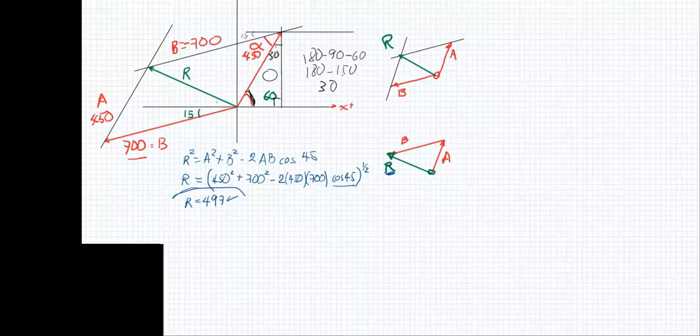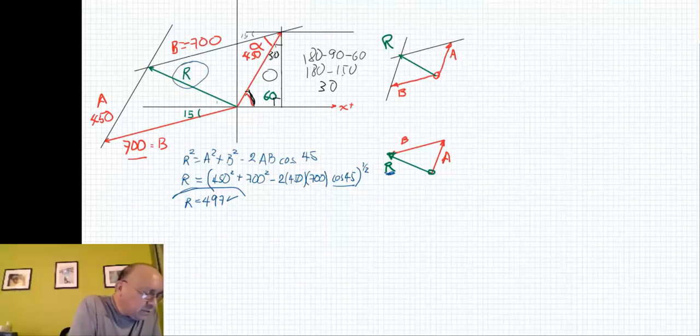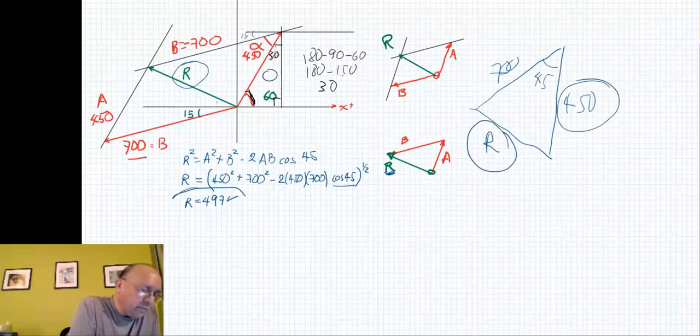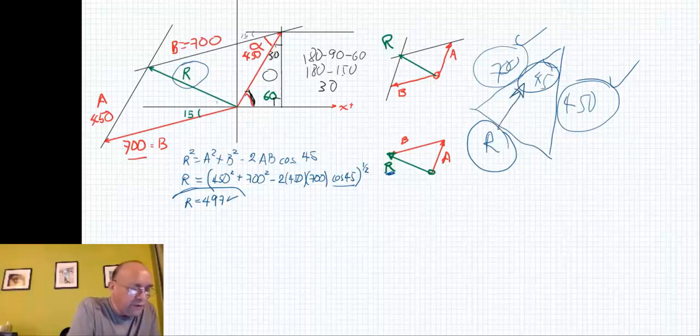We say R is equal to, let's put it here, R, 450, 700, and 45. So this square is this square plus this square minus 2 times this cosine of this, the angle that is in front of the one that you want to find.